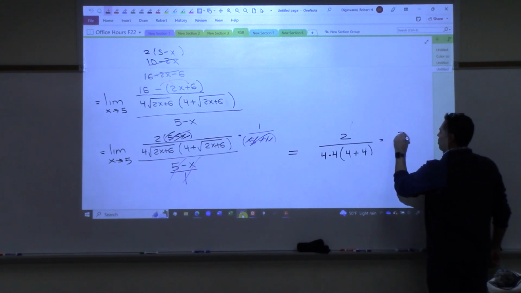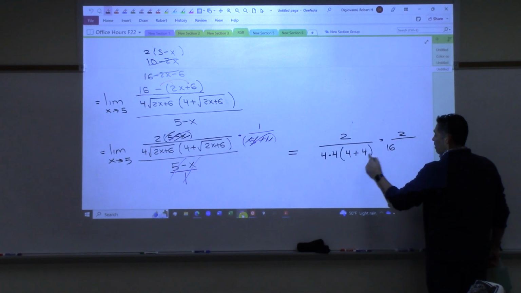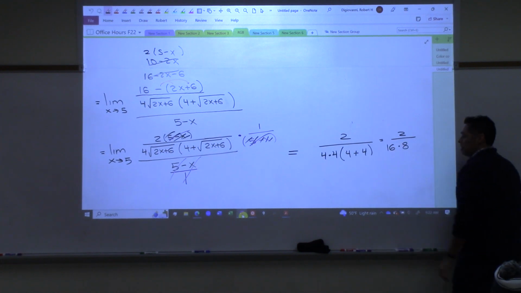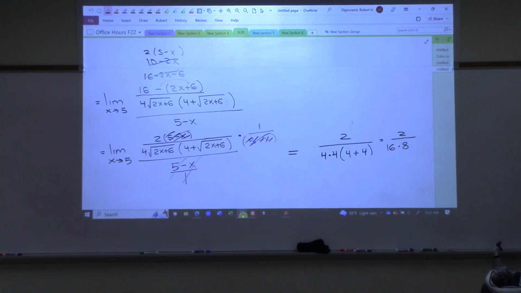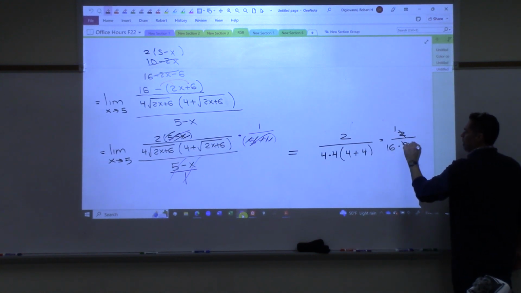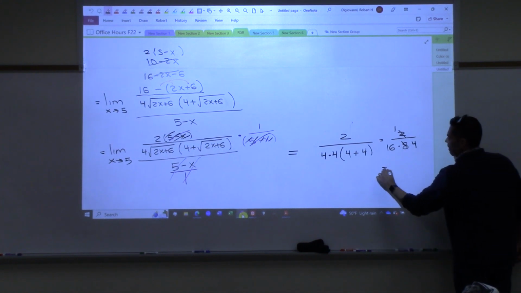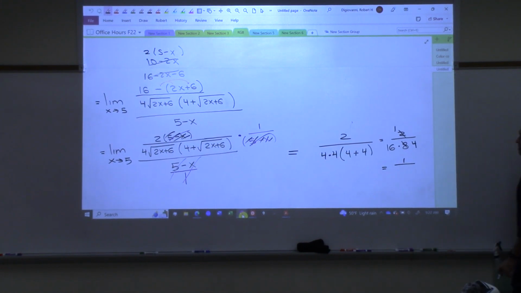So this is going to be 2 over, let's see, 4 times 4 is 16. But then 4 plus 4 is 8, so 16 times 8. Let's reduce one factor of 2 here, make it a little bit easier for us. So I get 1 over, let's see, 16 times 4, 64?